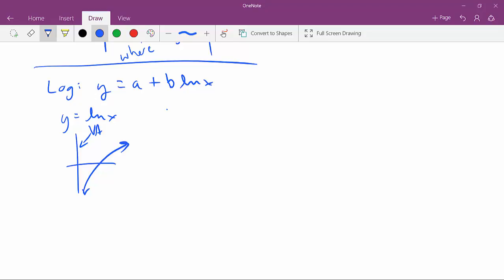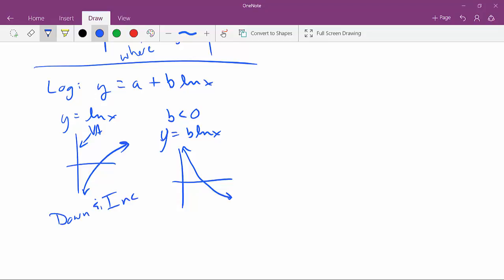Then if b is negative, we'll have y equals b ln x. Something like this. So for a logarithmic model, we've got concave down and increasing, or concave up and decreasing. Those are the 2 options we've got for a logarithmic model, both of which have the y-axis as a vertical asymptote.